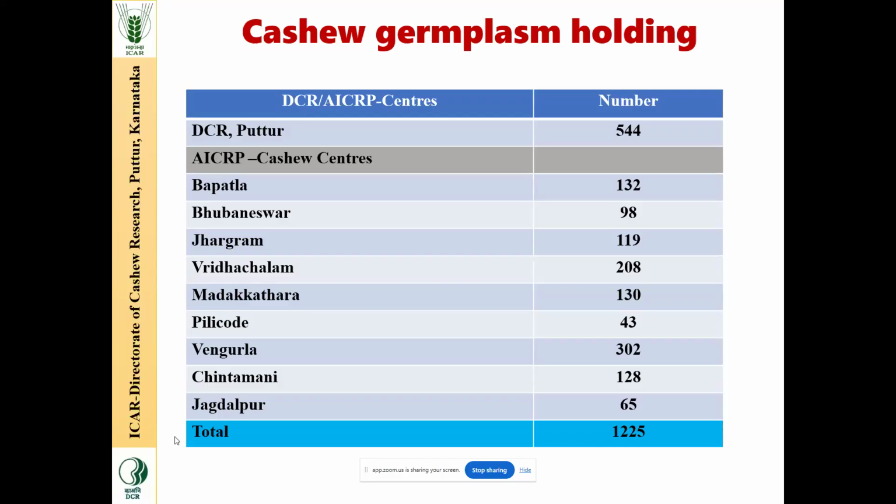We have collected more, and the number has increased up to 600 also. Coming to the AICRP cashew centers, Bapatla has around 132 genotypes, Bhubaneswar has 98, Jhargram 119, Vridhachalam 208. In total, we can say 1225 genotypes are available.